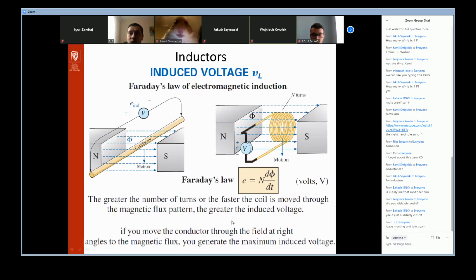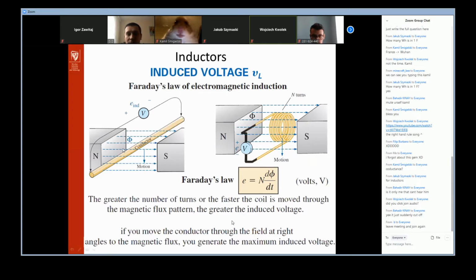So that's why, to observe the induction of voltage in this case, we have to move our coil from top to bottom and so on, like that one. We will not observe any changes, any induced voltages, if this coil is moved in that way.